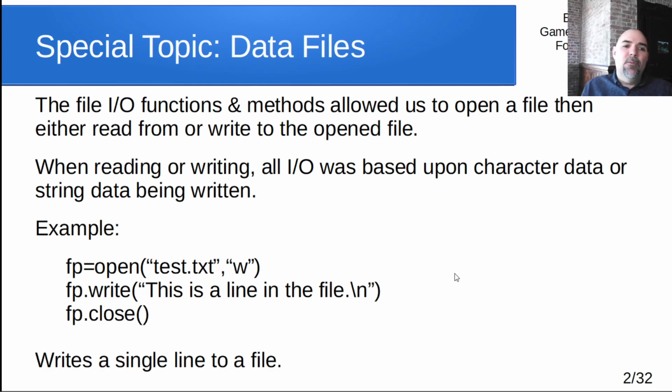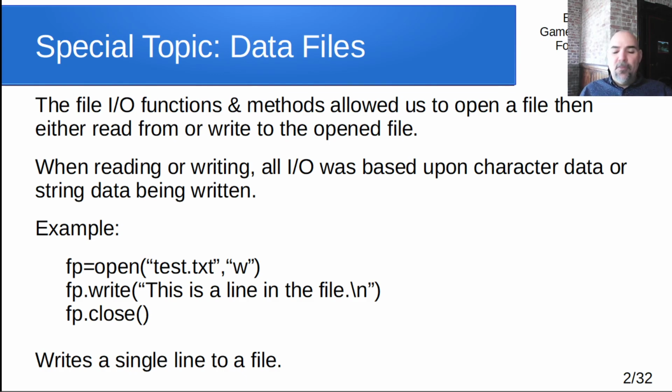So far we've looked at file I/O functions, and those functions gave us a set of capabilities to read from or write to an open file. So we would open a file, either for reading or writing or appending, and then we would either write data to it if we opened it for writing or appending, or read data from it if we opened it for reading.